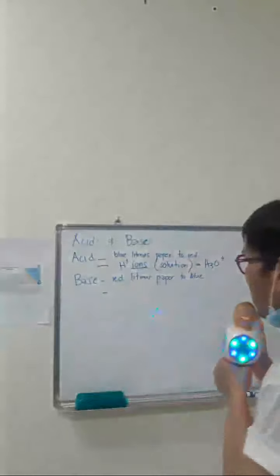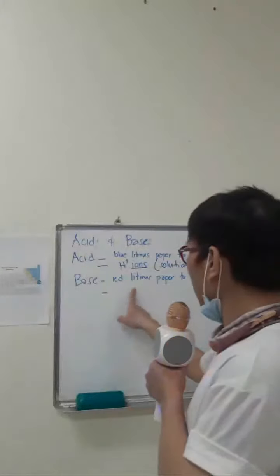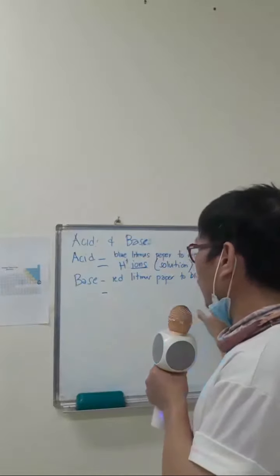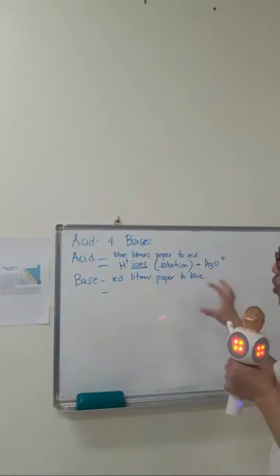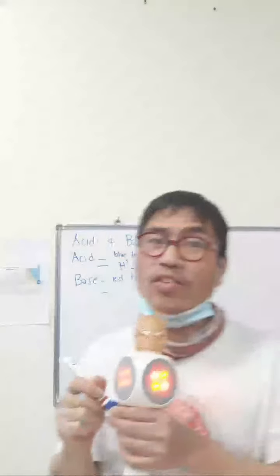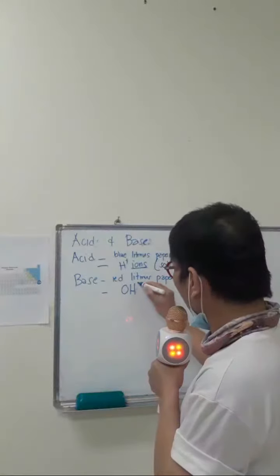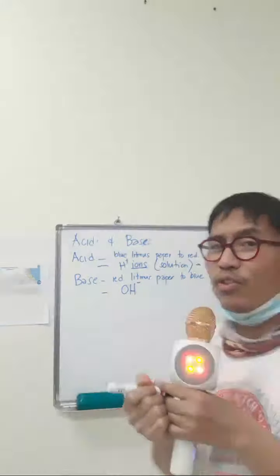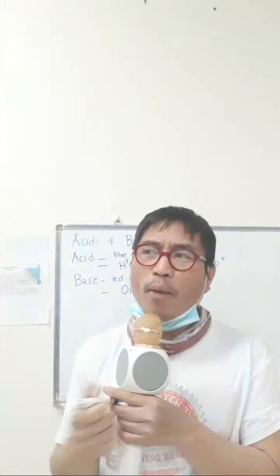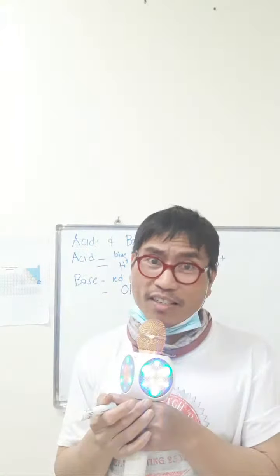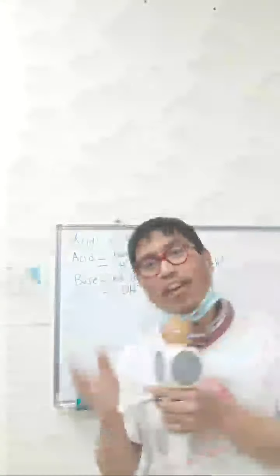Now going back to the base, in terms of Arrhenius theory also, if you introduce it in solution, it will yield a hydroxide, OH negative 1. In organic chemistry, this is known as the hydroxyl group, but in general chemistry we will just call that hydroxide.